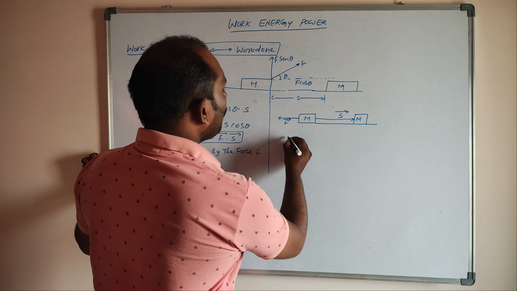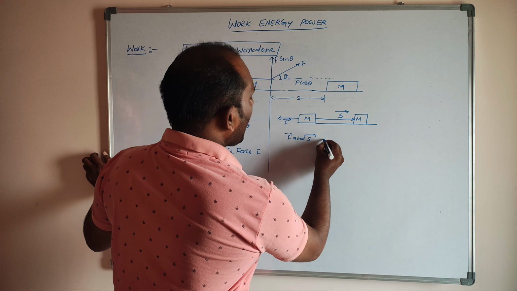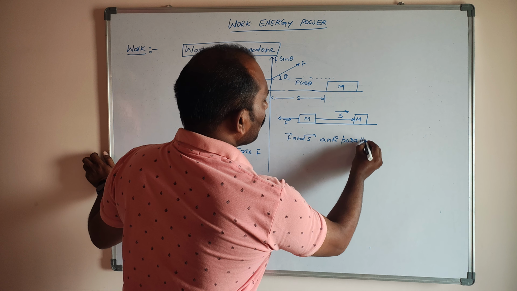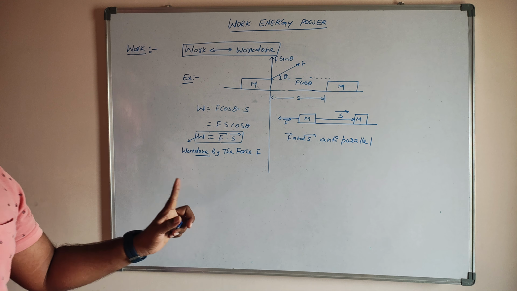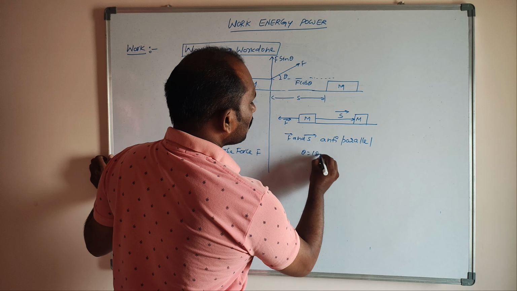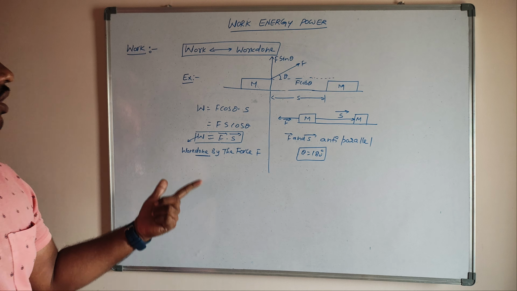What is the angle between F bar and S bar? F bar and S bar are anti-parallel. When F bar and S bar are anti-parallel, theta becomes 180 degrees.